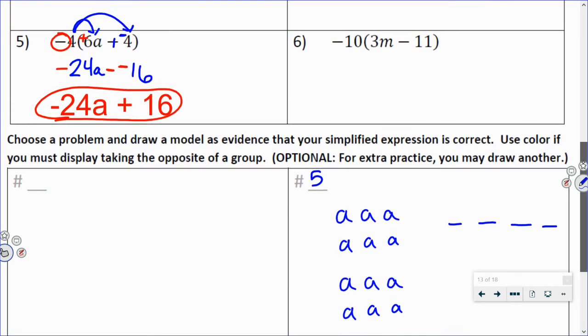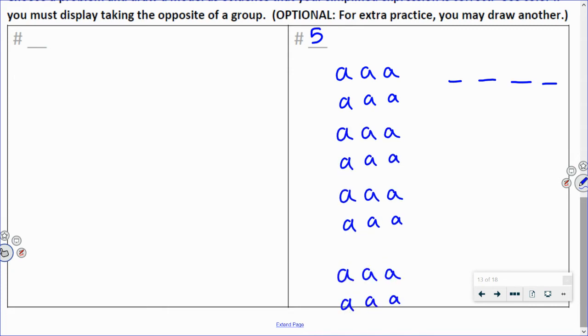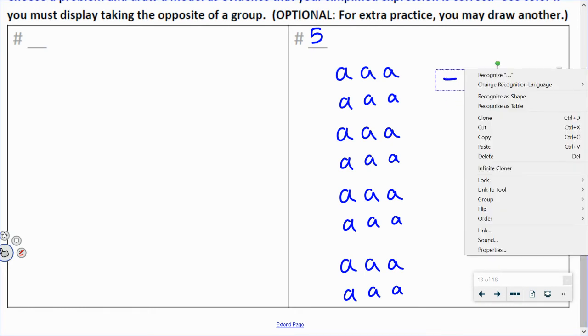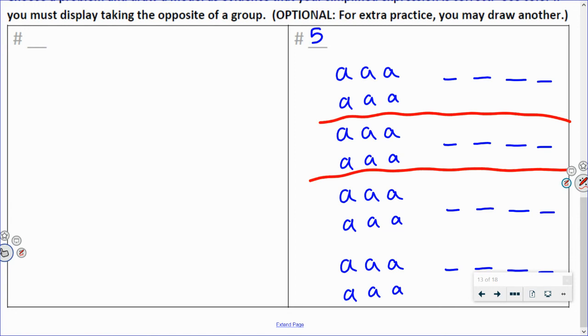Scratch that, Mr. Cowan. My apologies. So 1 group, 2 groups, 3 groups, 4 groups of 6A's. We also need 4 groups of this negative 4. So there's 1 group, 2 groups, 3 groups, and 4. There you go. Now, some people even go ahead and draw this. I find this a little confusing, but it is nicer to be able to see the groups.